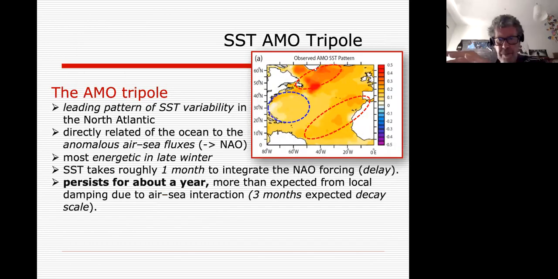The AMO tripole is essentially the leading pattern of SST variability in the North Atlantic, and is directly related to the ocean's response to the anomalous air-sea fluxes.